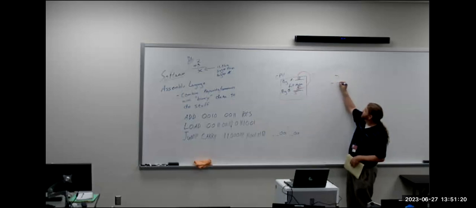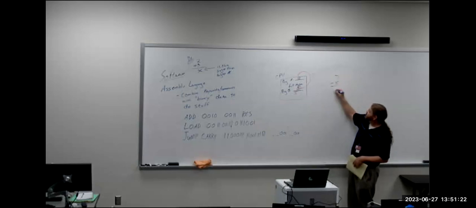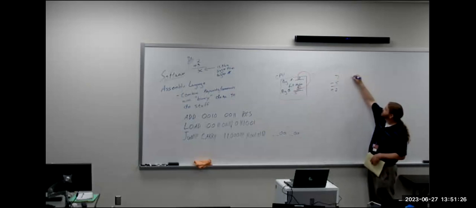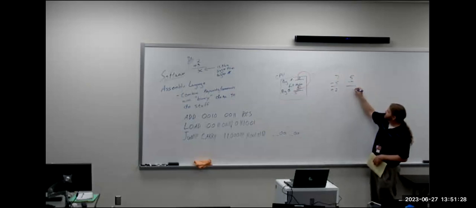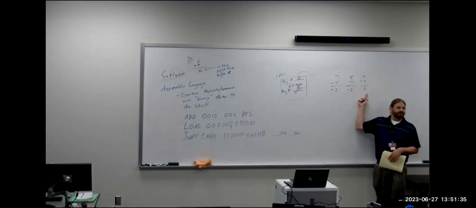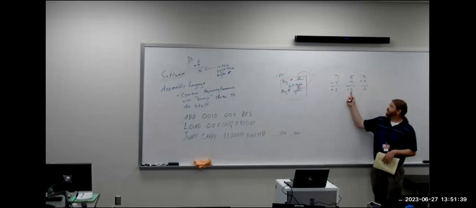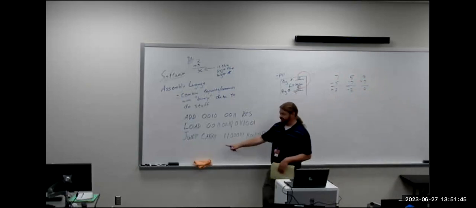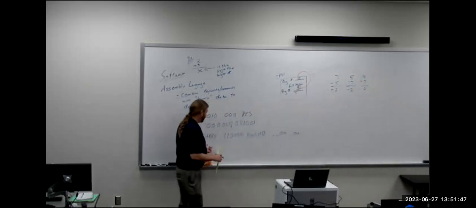So like 7 minus 5 gives us a positive 2. 5 minus 7 gives us a negative 2, or 7 minus 7 would give us a 0. So we can tell if things are equal, if the first number is smaller, or the first number is bigger from that. So that's where we would hold on to this sign.